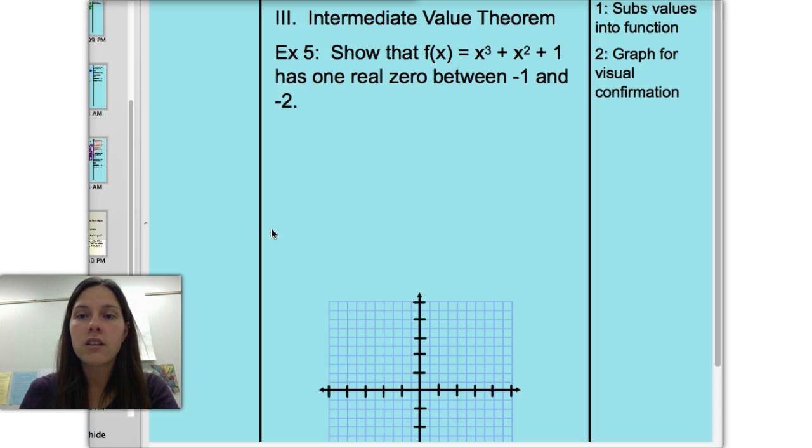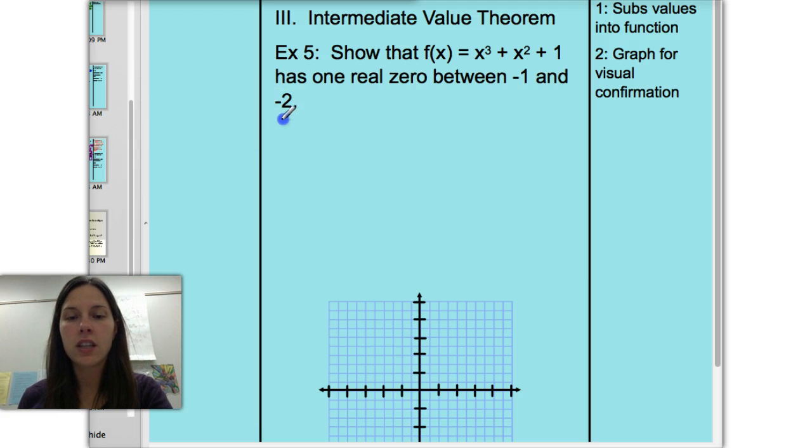So we're going to start by substituting the negative 1 and negative 2 into the function. Alright, so substituting these into the function, we're going to evaluate the function at negative 1, and when you replace here the x with negative 1 and you cube it, you get negative 1. When you take negative 1 and square it, you get positive 1, plus the 1 on the end will give you a value of 1.